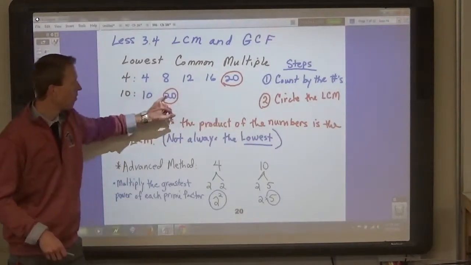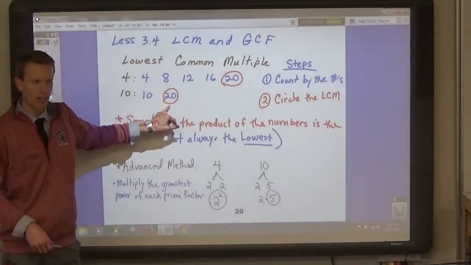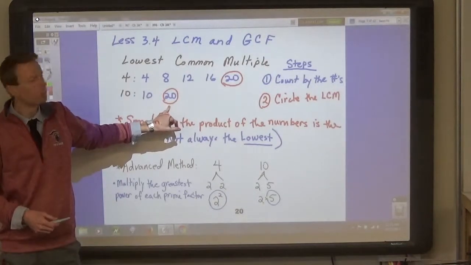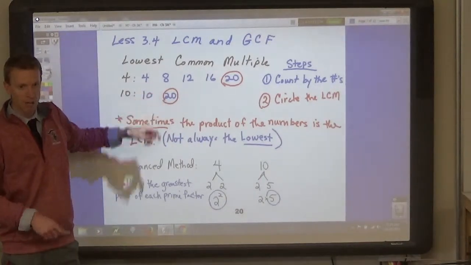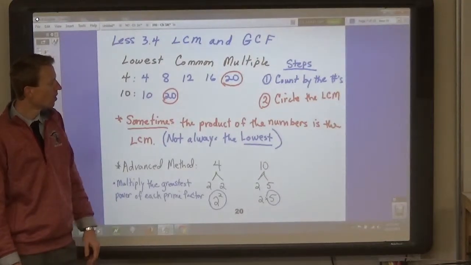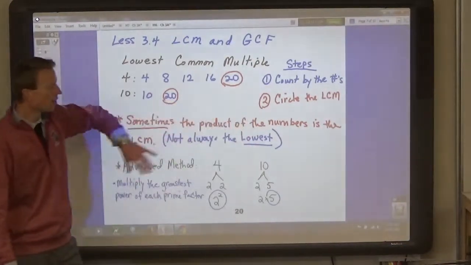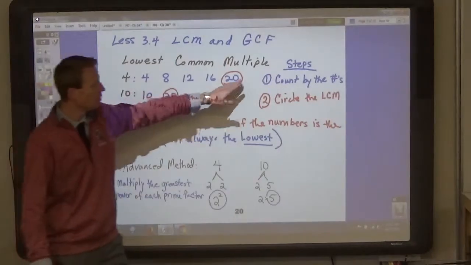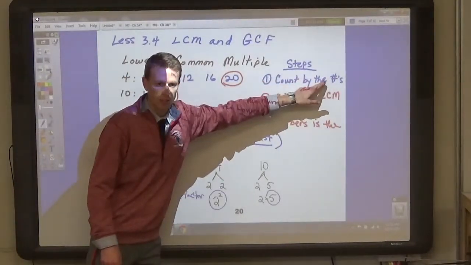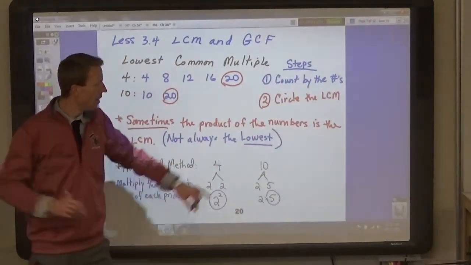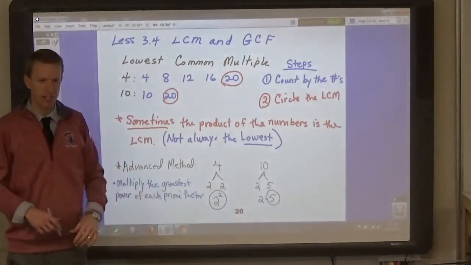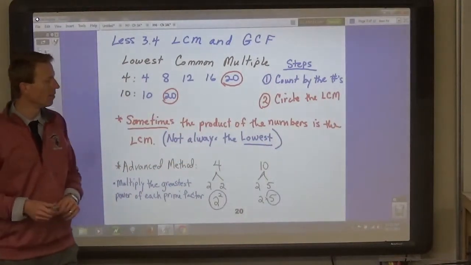These are common in both lists, so they're called a common multiple, and they happen to be the lowest common multiple. So, to find the lowest common multiple, one of the methods is just to count by the numbers, make a list, and then identify the lowest common one and circle it.